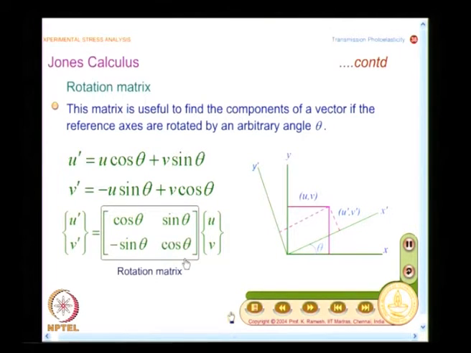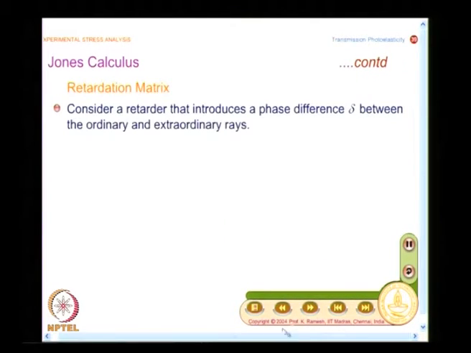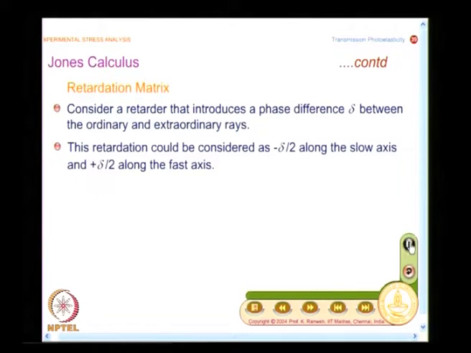We will also try to find out how to represent the retardation introduced within the model by a retardation matrix. What we want to do is consider a retarder that introduces a phase difference delta between the ordinary and extraordinary rays.